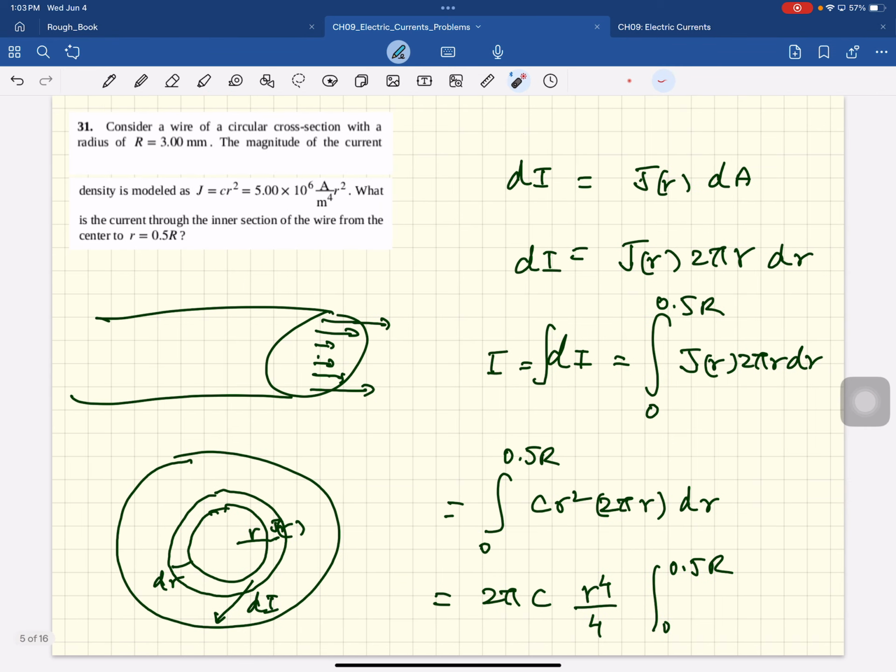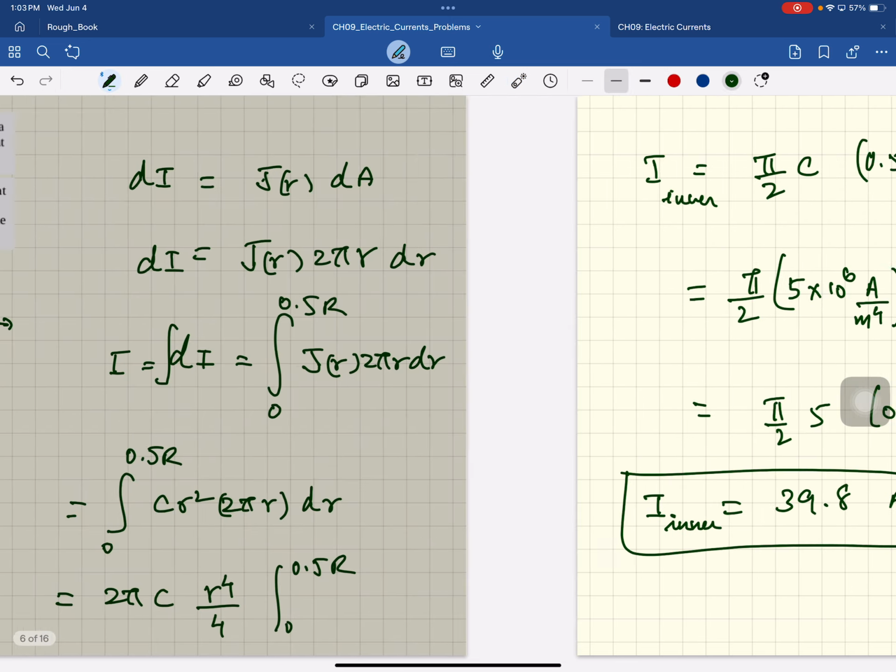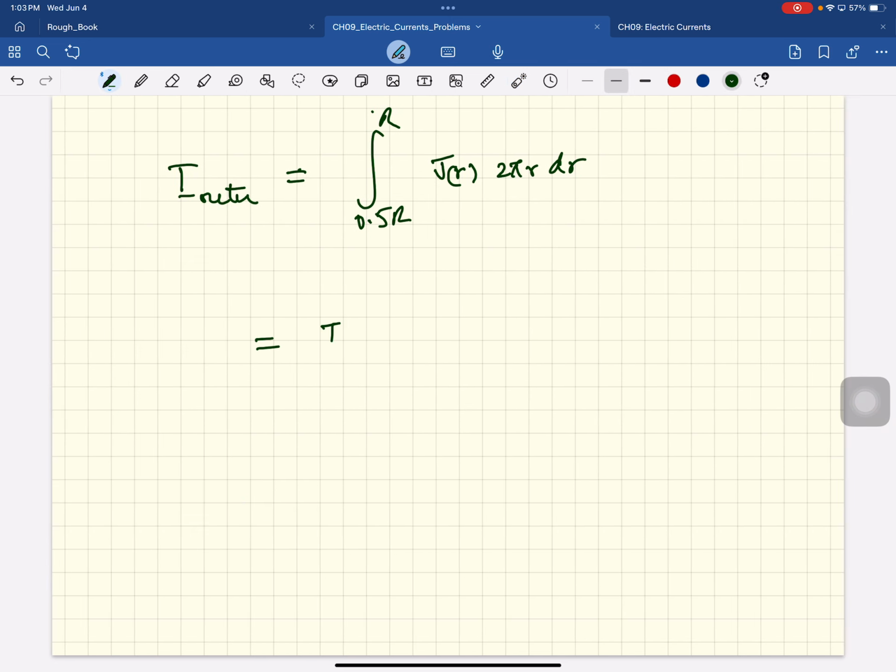There's the integral pi by 2 C r to the power 4 from 0.5 R to R.